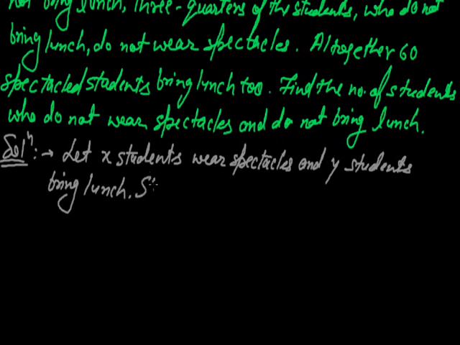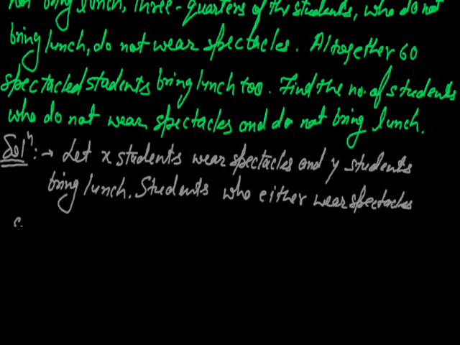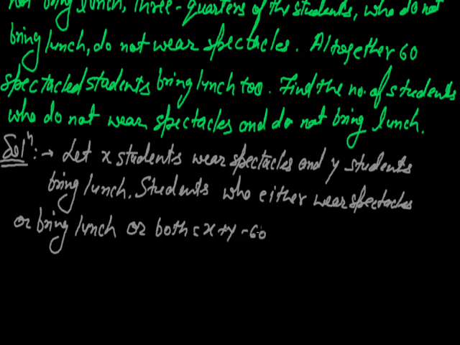Now students who either wear spectacles or bring lunch or both will be given as X plus Y minus 60. Let it be equation 1.